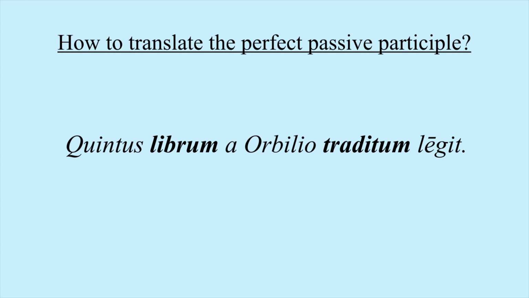So traditum is our perfect passive participle, modifying librum. So take a second to think, how would you translate this sentence? We know a lot of it. Quintus librum legit, right? Quintus read the book. A Orbilio, by Orbilio. So now we just have to figure out traditum, that is modifying librum.